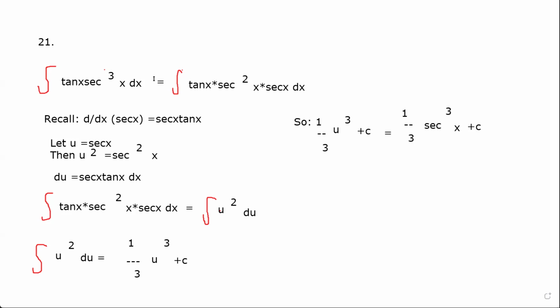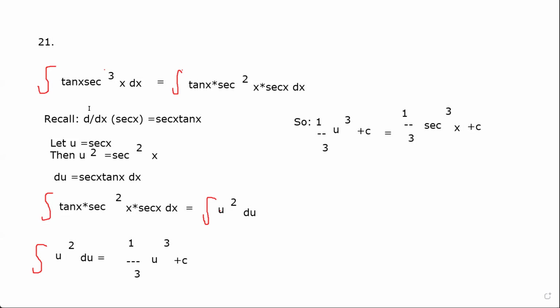You might think of changing the secant squared to part of the identity with the tangent also. And then you'd have a power of the tangent, which would probably be just as hard to integrate.